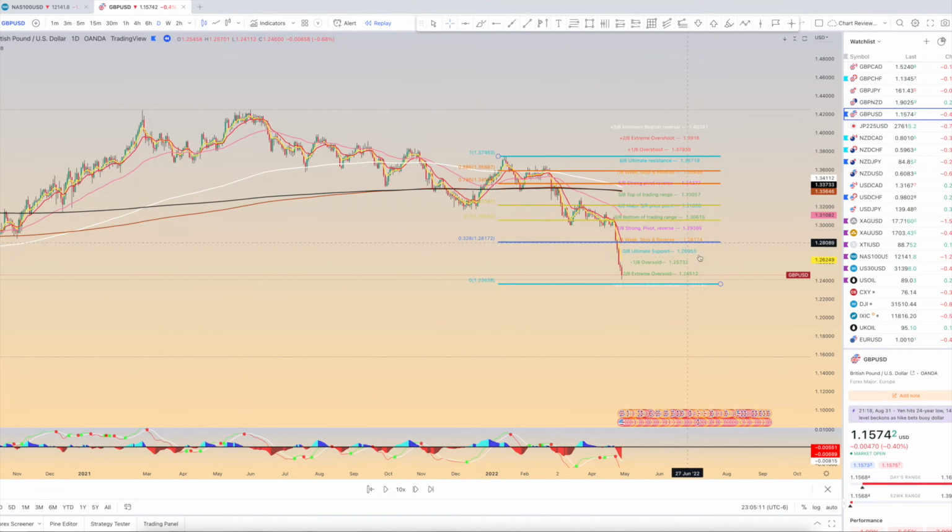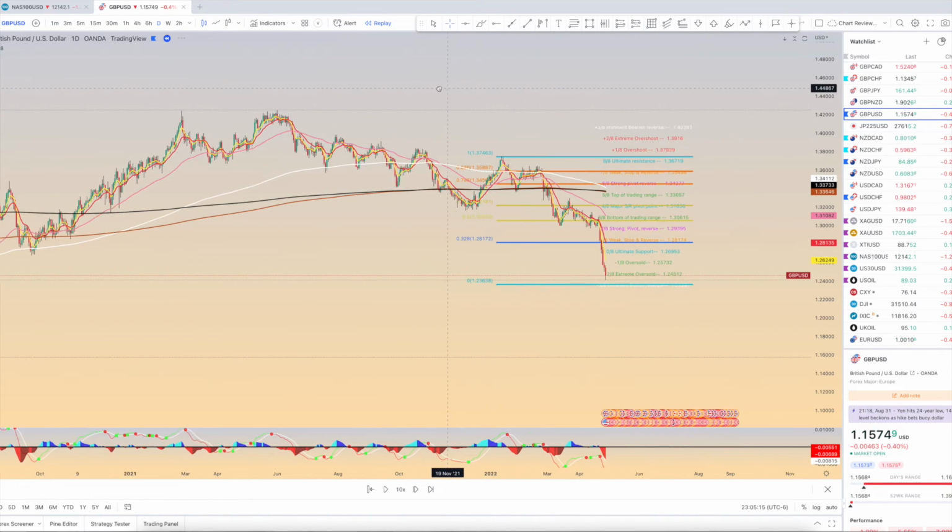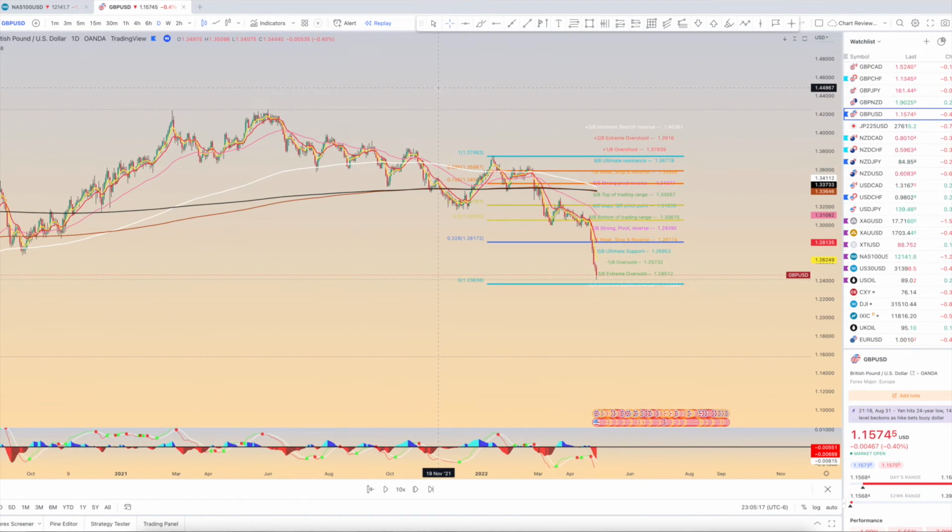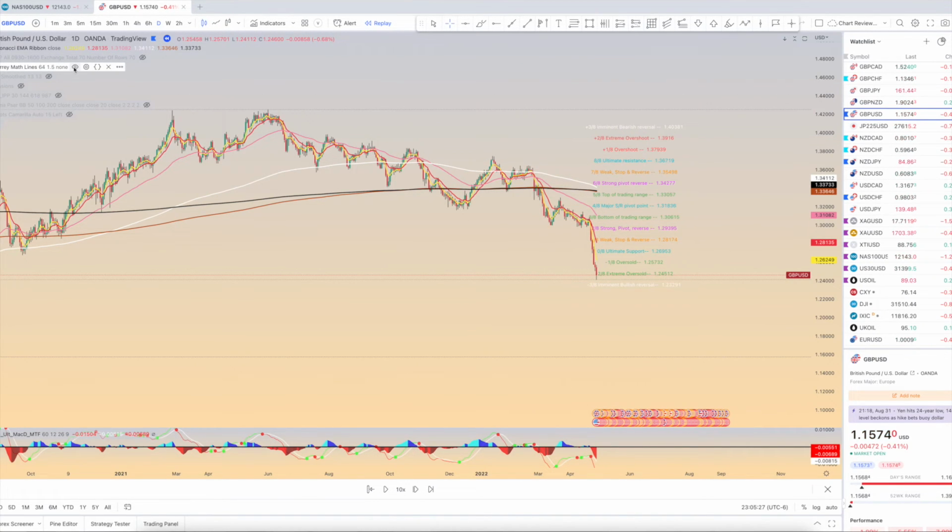If it just bounces off this, that means the trend is incredibly strong and there's no end in sight. Just kidding. There is an end in sight, but at the same time, it's really hard to determine where that's going to be without any other indicators. So that is Murray math lines, just an interesting tool to kind of add to your arsenal.